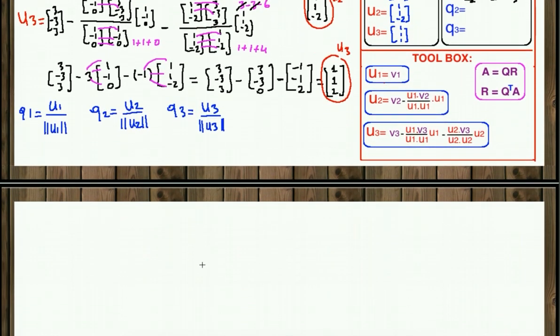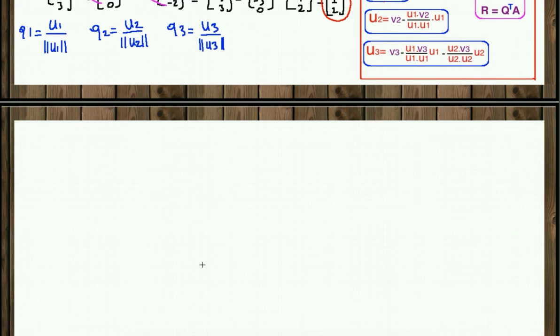Let's start with Q1. Q1 is given by u1 divided by its magnitude. Our first orthogonal vector u1 was 1, negative 1, 0, divided by its magnitude. Each component squared and added.